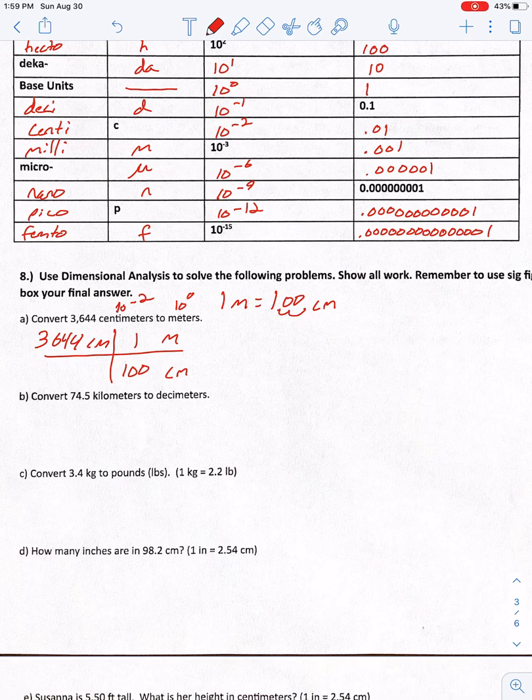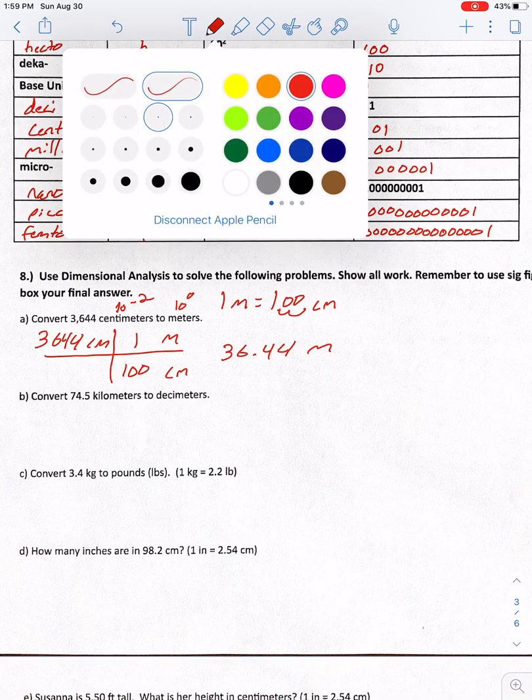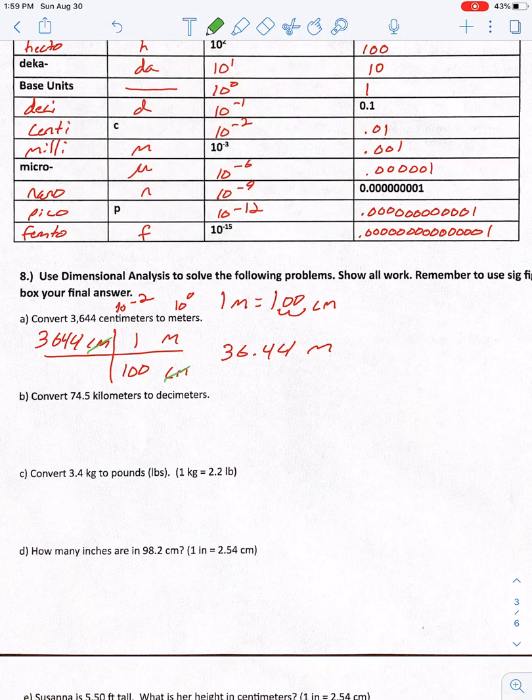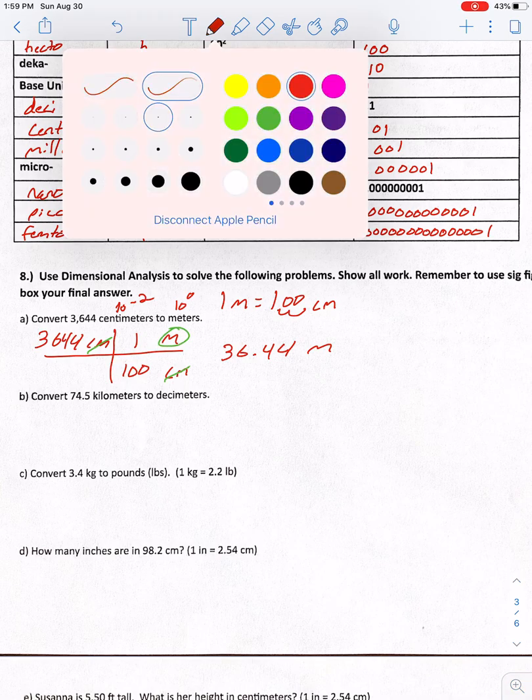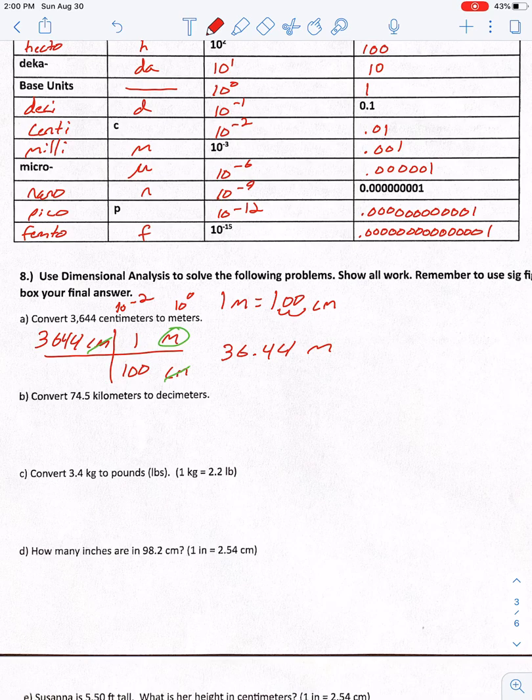So 3644 divided by 100 gives me 36.44 meters. Okay, because these centimeters are going to cancel out. And now I'm in meters, so I'm done. So this would be my answer, 36.44 meters.